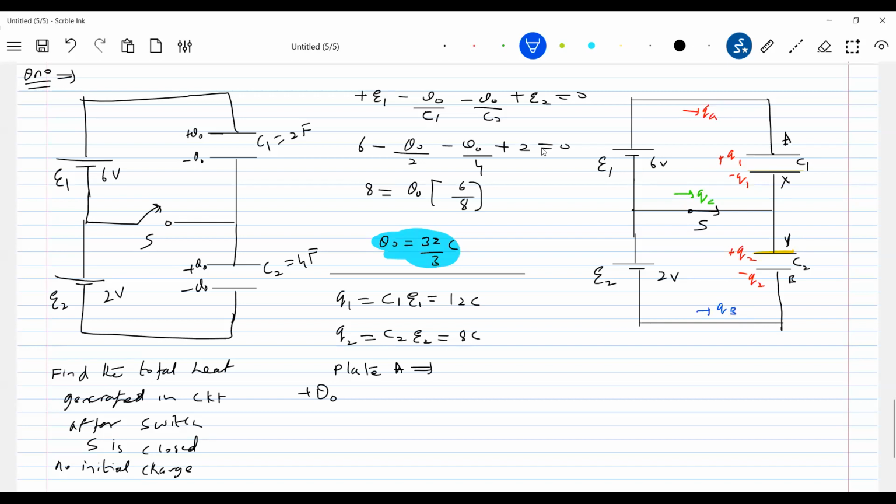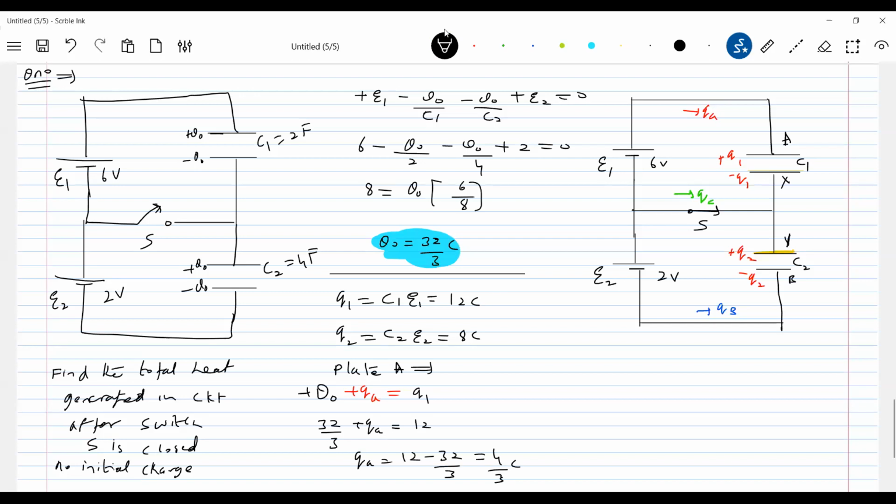So Q naught, some positive charge QA entered, and it has become Q1. So do we know QA? As we know Q0 and Q1, subtract that. So 32 by 3 plus QA, Q1 is 12. QA is 4 by 3.